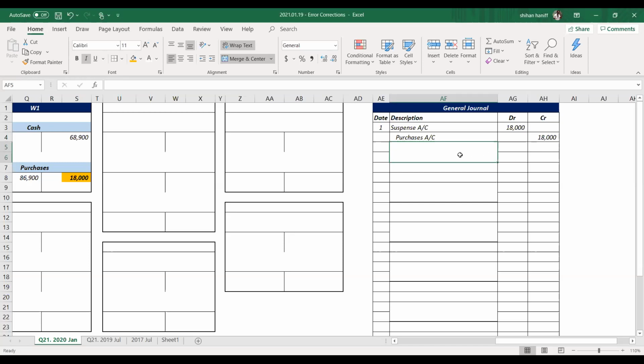Then narration is also very important because you get marks for that. Correction of cash purchases 68,900 recorded in purchases account as 86,900.